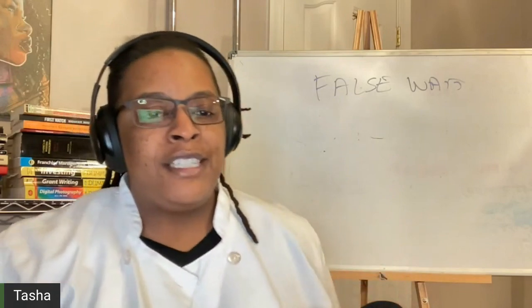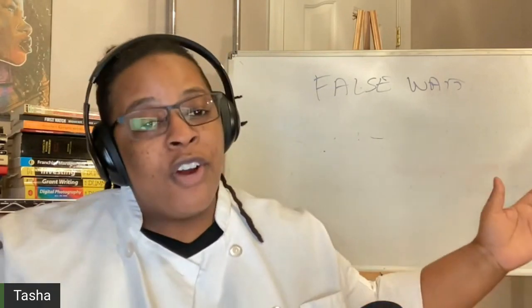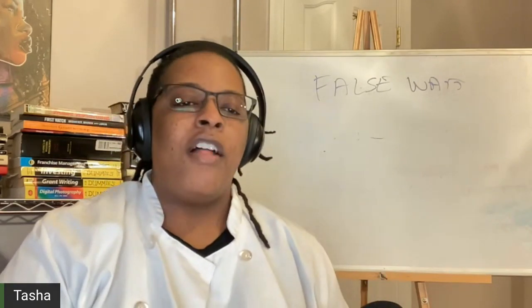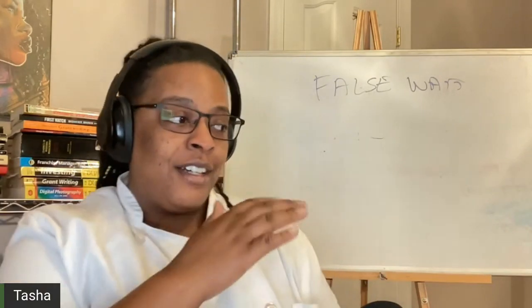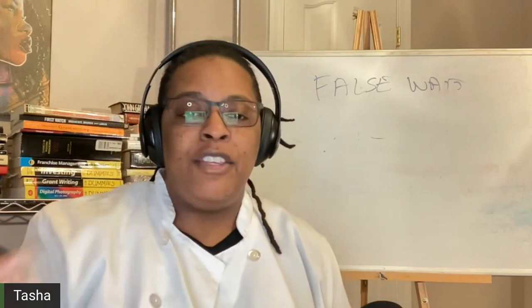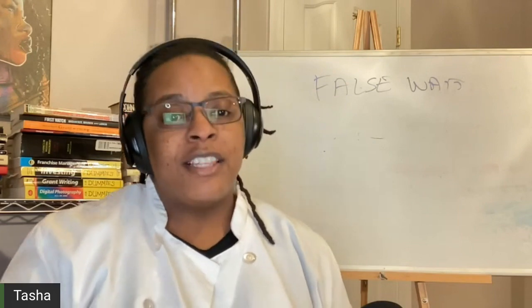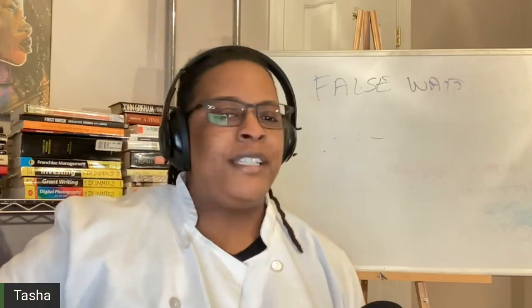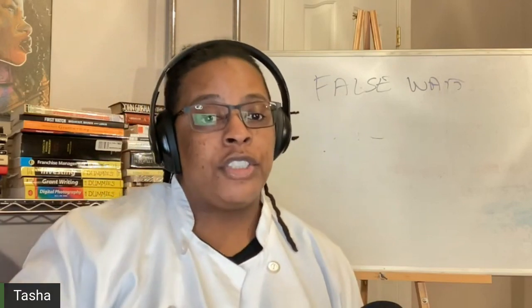Usually, whatever that reason is, your guests don't know, nor do they care. All they know is when they come in, they see the open tables, they're hungry, they want to eat, and you tell them it'll be a 10-minute wait. It'll be 15, 20, 30 minutes, an hour and a half wait, and they see all these places to sit. That's called a false wait.